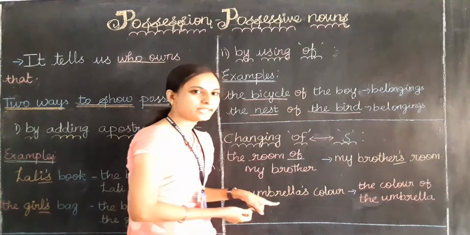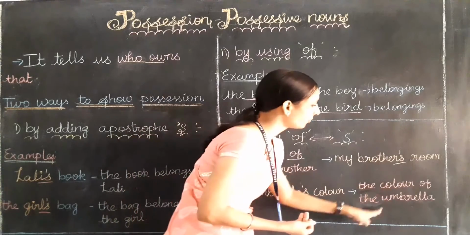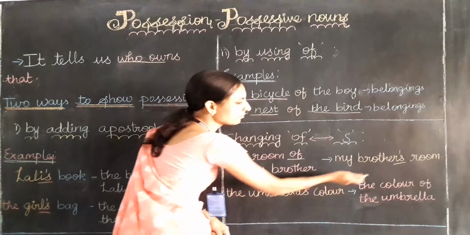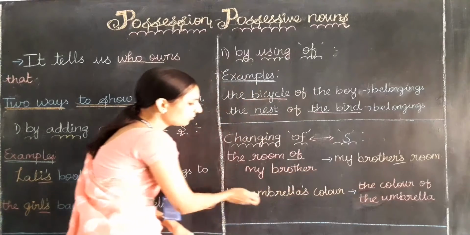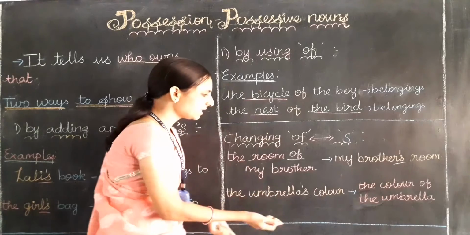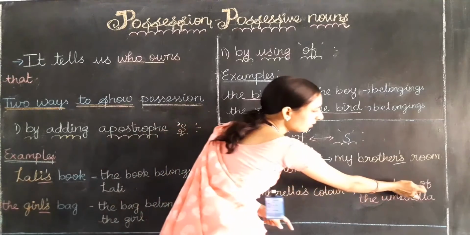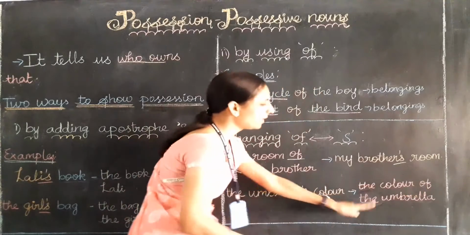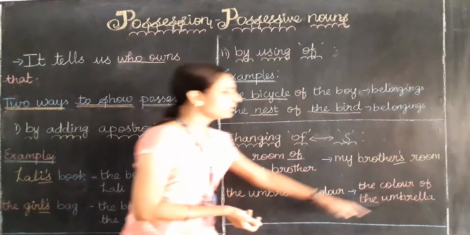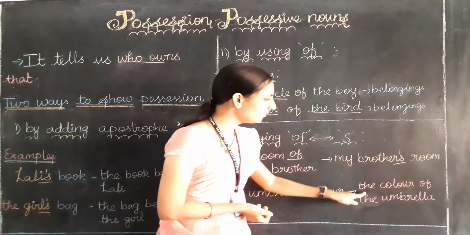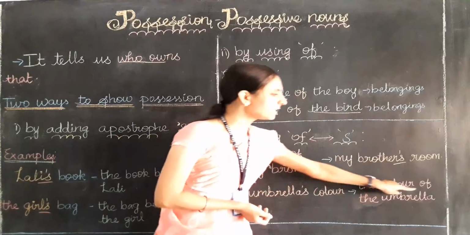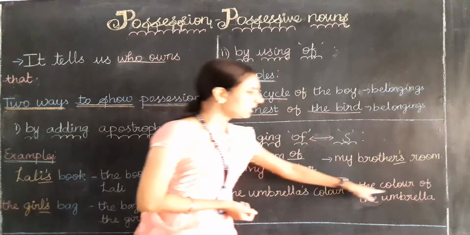Who is the owner here? The umbrella. So: of the umbrella. The last thing will come first, and the first thing will come last. Just interchanging, we add "of", and the umbrella will come automatically. The color of the umbrella.